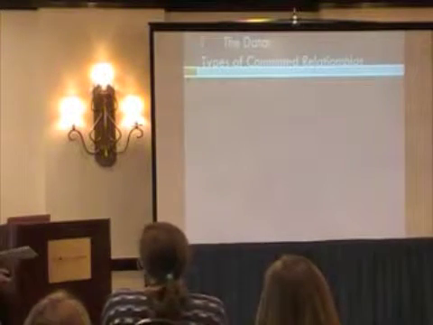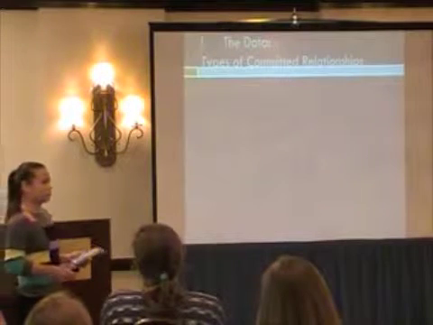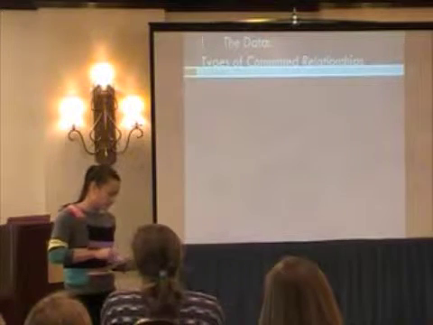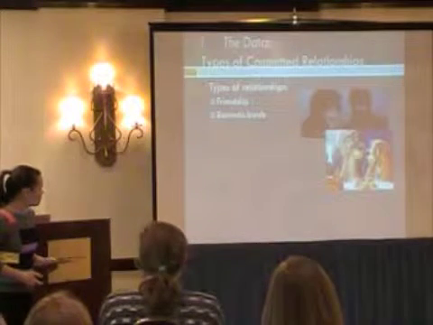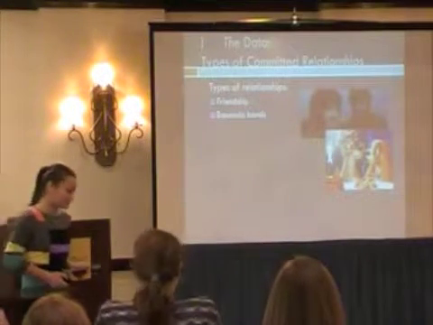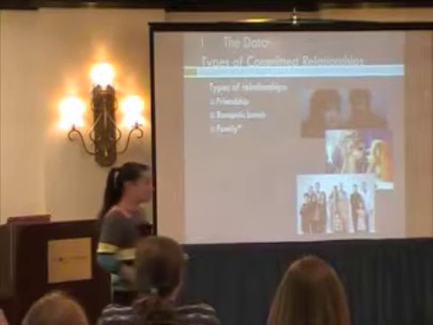All right, so the data. So here are some types of committed relationships, and these are the sorts of things that I have in mind. So first, there's friendship. You might think there are romantic bonds. And then you might think there are familial bonds.